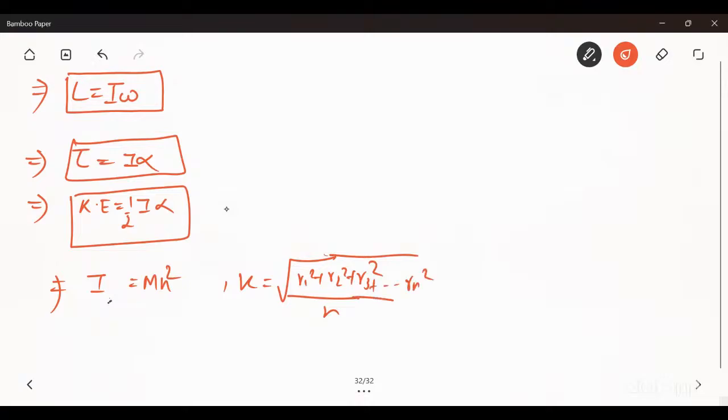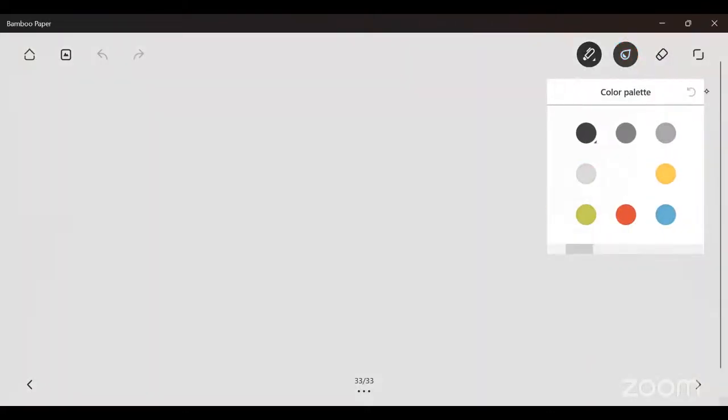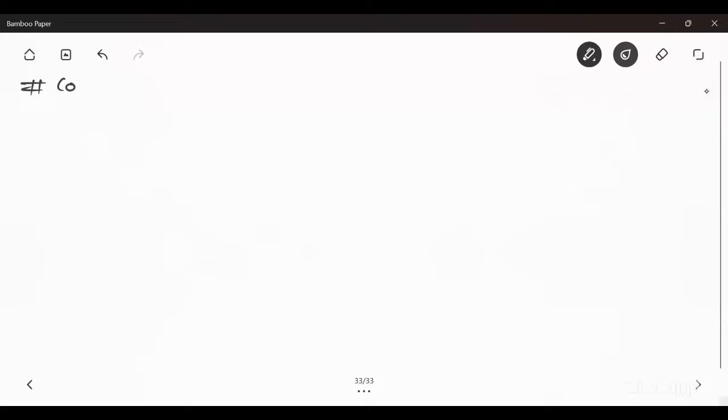Now in this chapter we will discuss the most important topic, conservation of angular momentum.